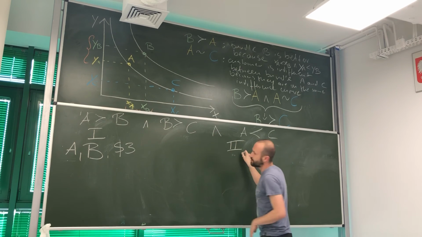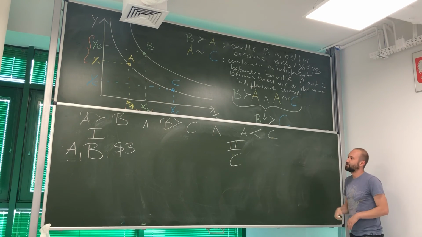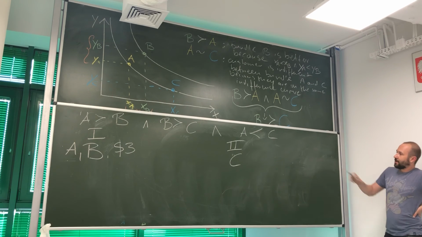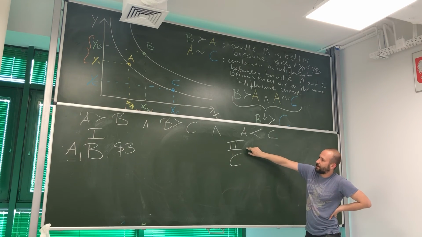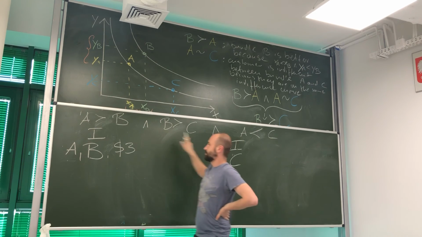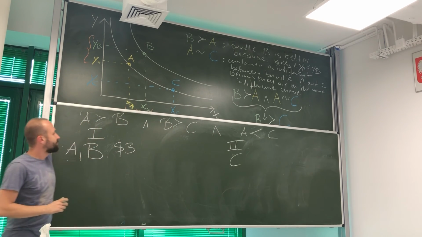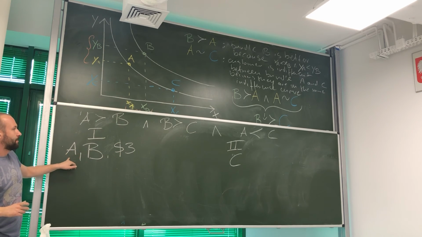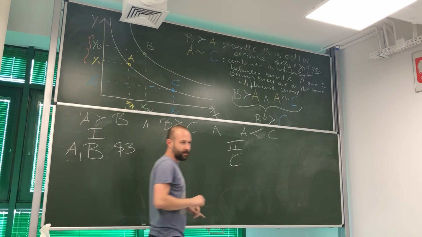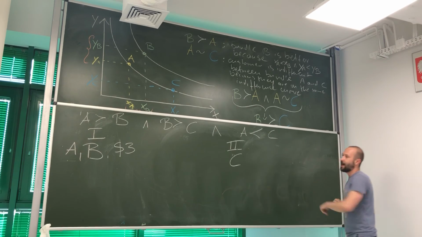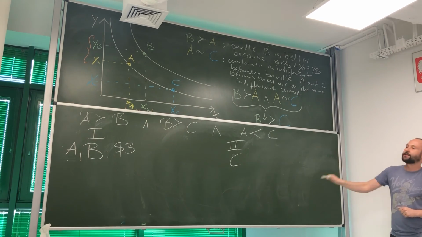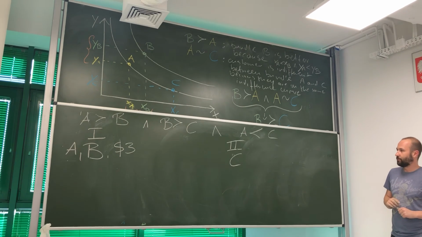And let's say that the second customer has just C. This second one comes to the first one and says, you know what? I know that you prefer C to A. If you give me $1, then I will exchange C with A with you.